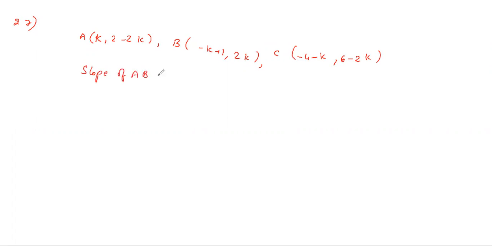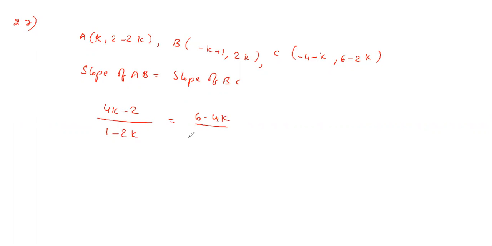Or we can equate area of triangle to 0. So the easy one is slopes. So y2 minus y1, 2k plus 2k, 4k minus 2, 1 minus k minus k, 1 minus 2k. Slope of BC, 6 minus 2k minus 2k, 6 minus 4k, minus 4 minus k plus k.